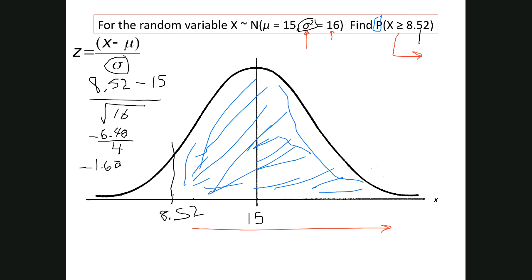Negative 1.62. Okay, so now how are we going to use our table? Well, there's two ways that you can do this, but let's just use the single table to see how we can manipulate the values here. So let's go to this table.